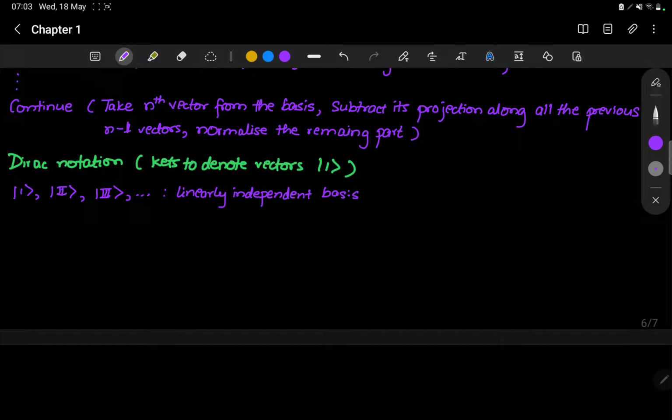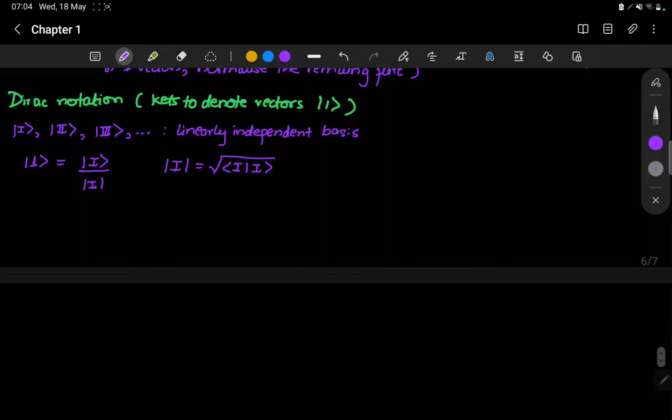The first vector of the orthonormal basis that we would get is just the first vector normalized by its length. We denote the norm, or the length, of a vector in this way. From this we obtain the first vector.